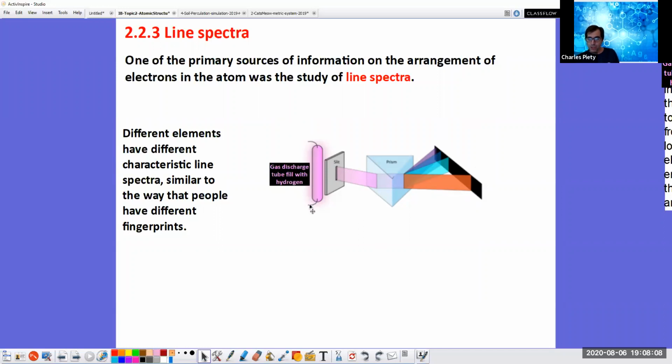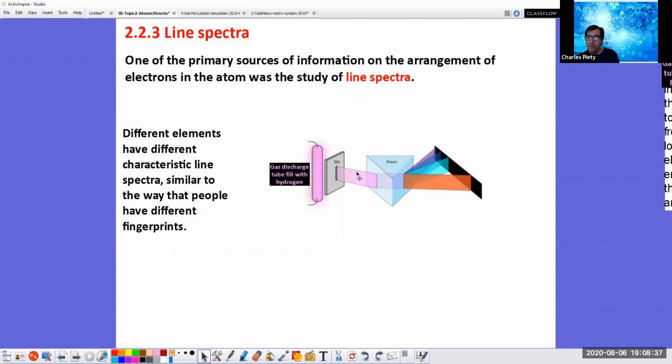He charged it with electricity. He plugged it into an electrical source. They didn't have outlets back then. And that made the electrons glow. This is now plasma. And then he had a very narrow slit. And so what was coming out of this slit was a very narrow beam of just light coming from hydrogen.